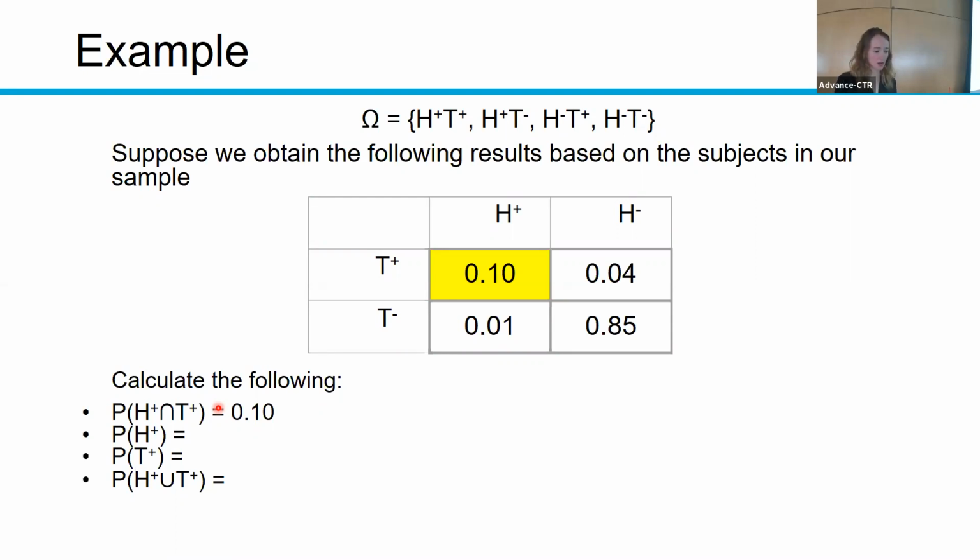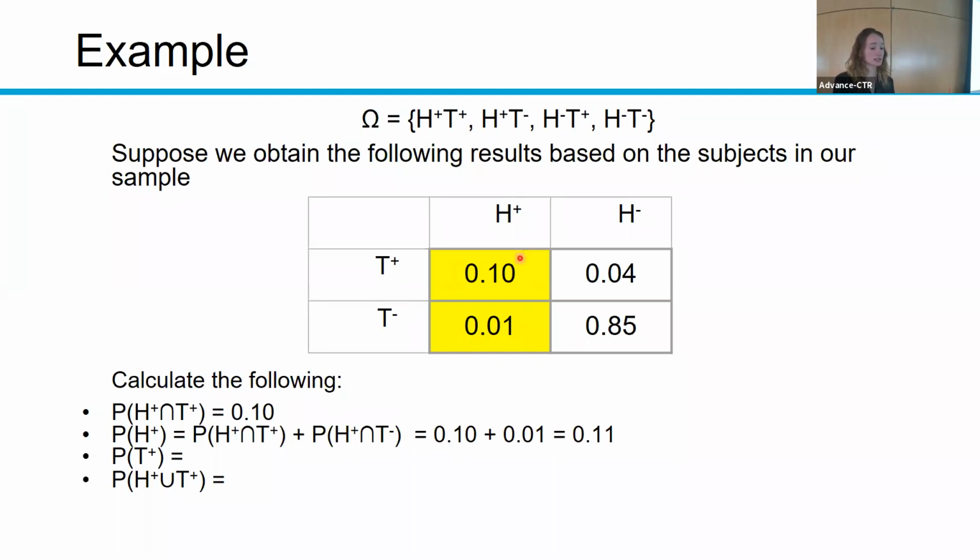Okay, so I'm just going to start with this first one, the probability of H plus. So this is in our sample, what's the probability of having HIV, regardless of your test status? That can be written using our law of total probability as the intersection of HIV positive and testing positive, and HIV positive and testing negative.